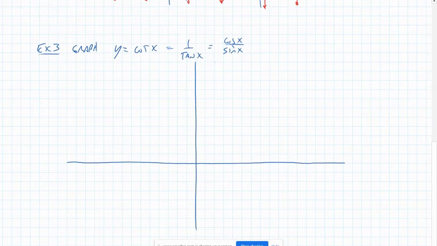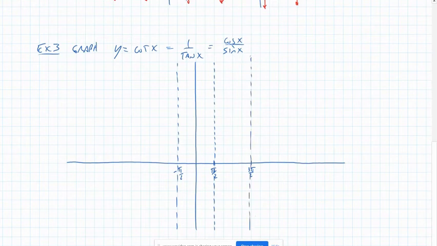So tangent, we said, was undefined whenever cosine is 0, and that's at pi over 2, negative pi over 2, and 3 pi over 2, and 5 pi over 2, and so on.